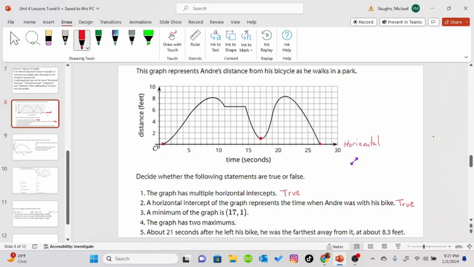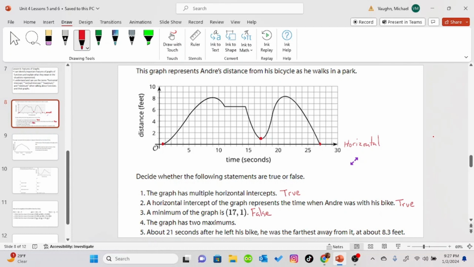So we know this can't be a minimum because there is a minimum here at y equals 0 when Andre is with his bike. And there is another minimum over here at y equals 0 when Andre gets back to his bike. So number 3 is false.